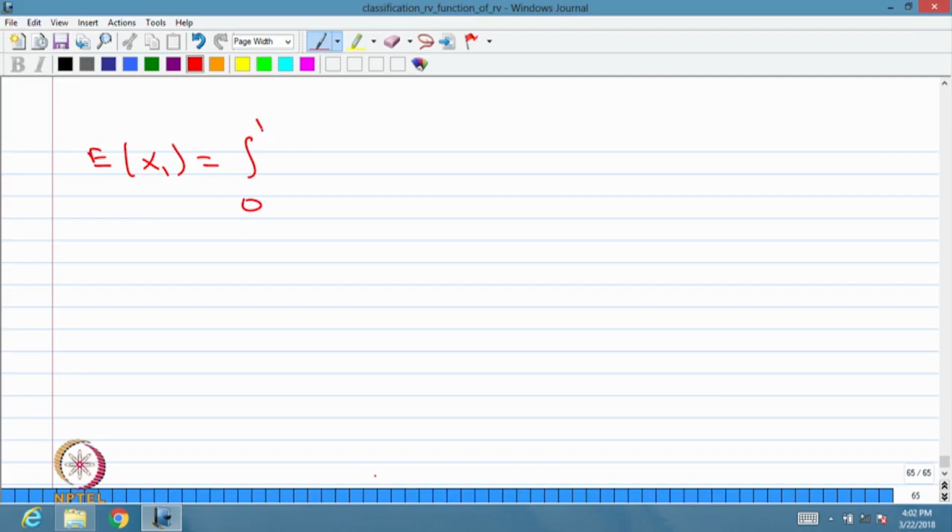So, we are going to use that, which is the same as integration from 0 to 1, integration from x2 to 1, x1 times 1 divided by x1 dx1 dx2.